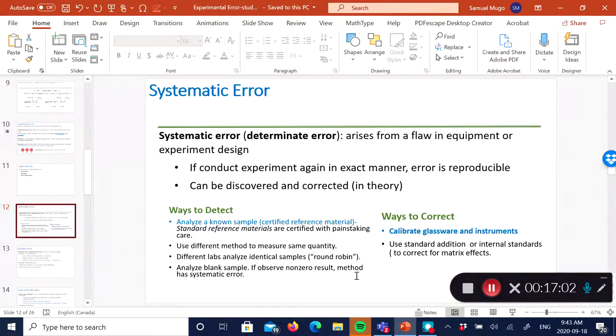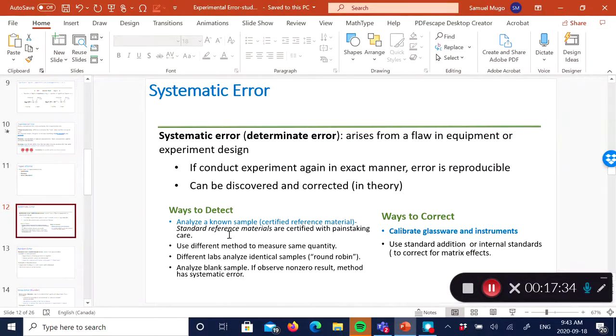And if you end up getting a value other than 0, then possibly I have systematic error. So again, the blank is a sample that has all the components in the sample but doesn't have the analyte in it. So analyze the blank. If you observe non-zero results, then you've got a systematic error.